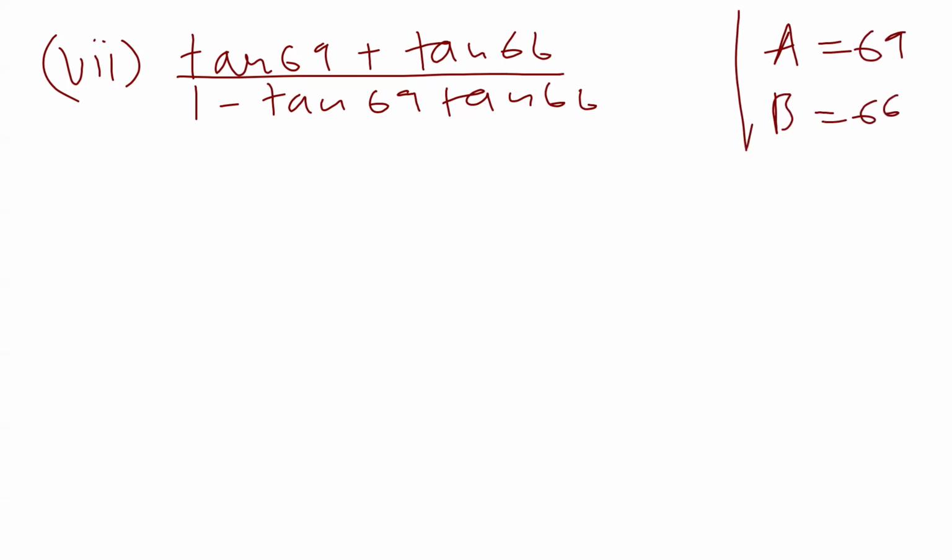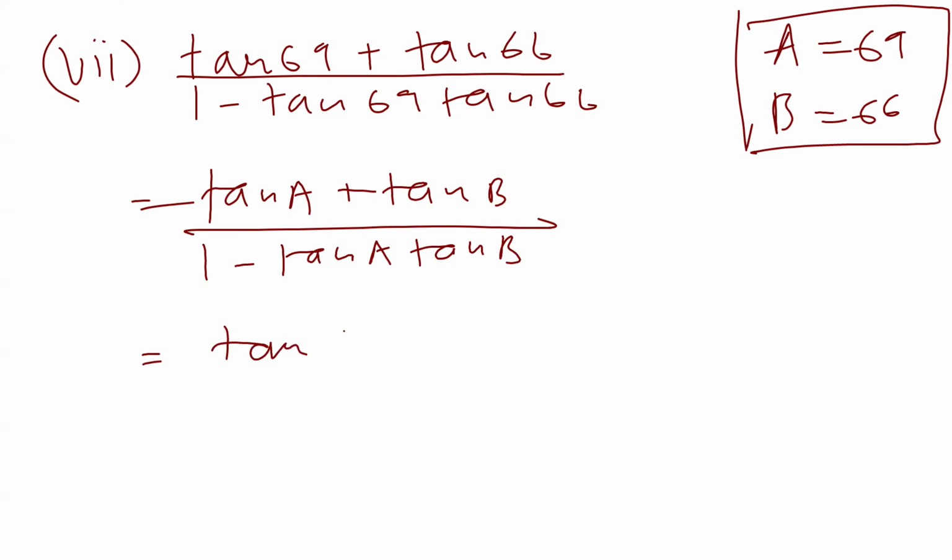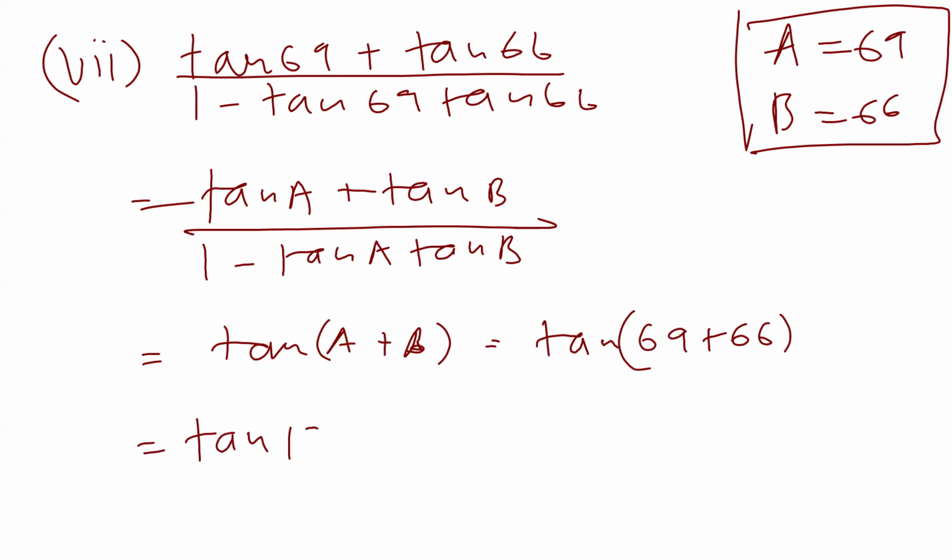So this is equal to tan A plus tan B upon 1 minus tan A tan B, which is equal to tan (A plus B), the compound angle formula in a reverse way. 69 plus 66 is 135. Now divide 135 by 90. 90 ones are 90. So the remainder is 45.